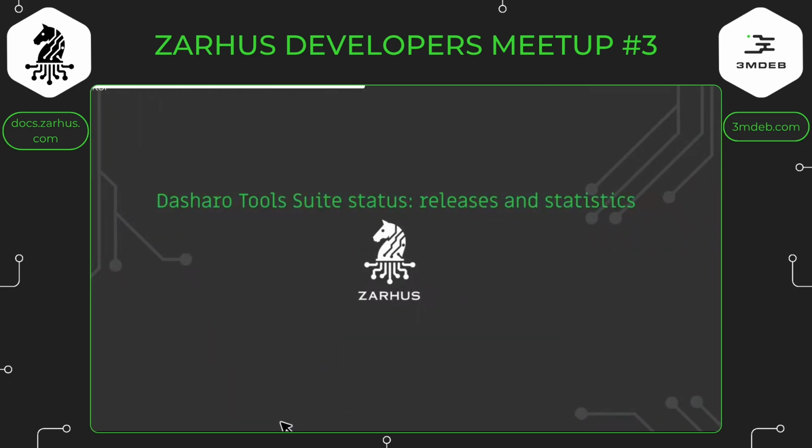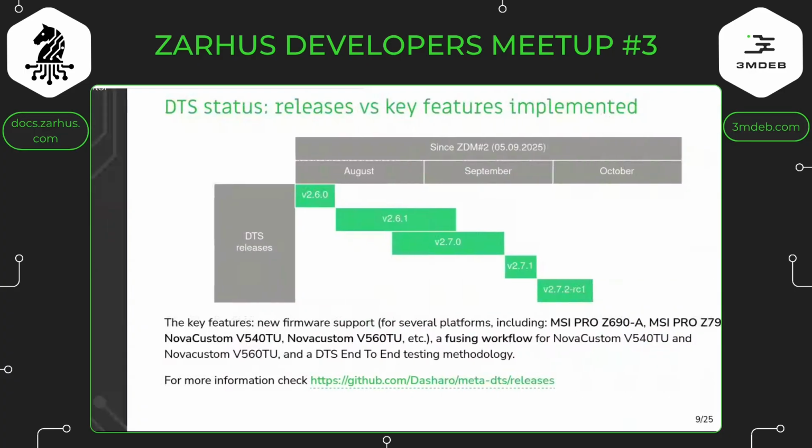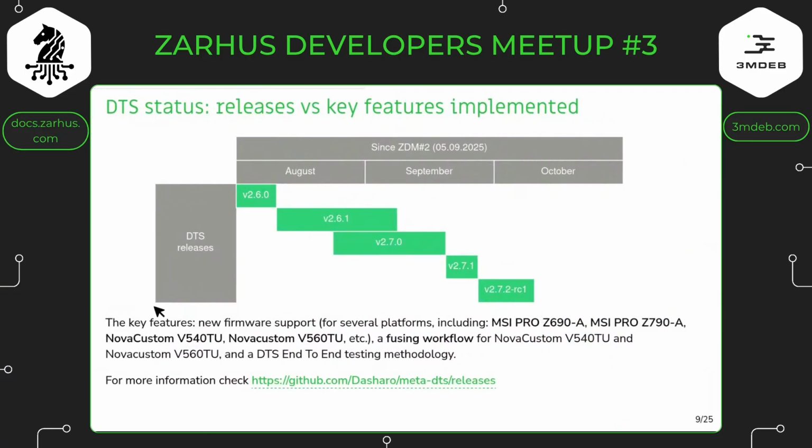That is from the introduction, and right now we will jump to some latest releases and statistics. This is a map of releases since the second edition of the Zarhus developers meetup.